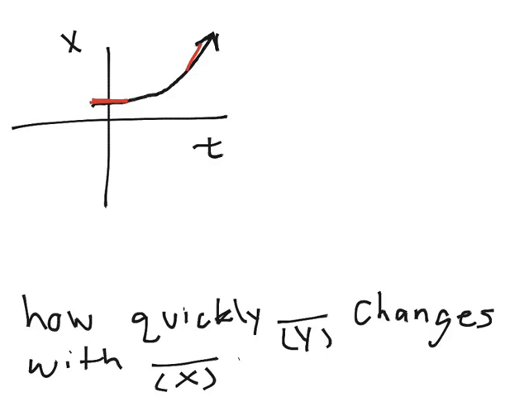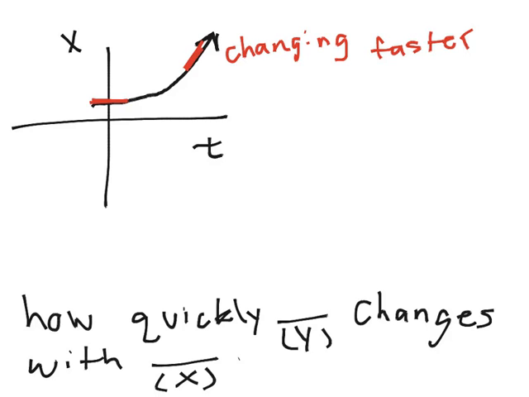But over here, it starts changing faster. So we can say that it's getting steeper as time goes on, right? So our slope is increasing. So it's changing faster as time goes on. So our slope gets higher here.